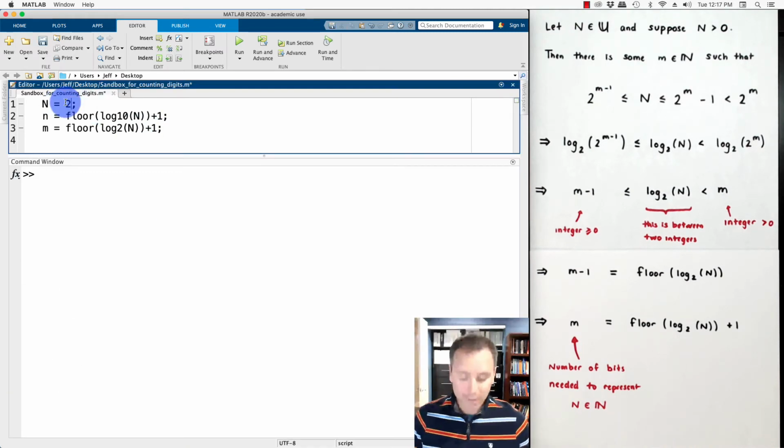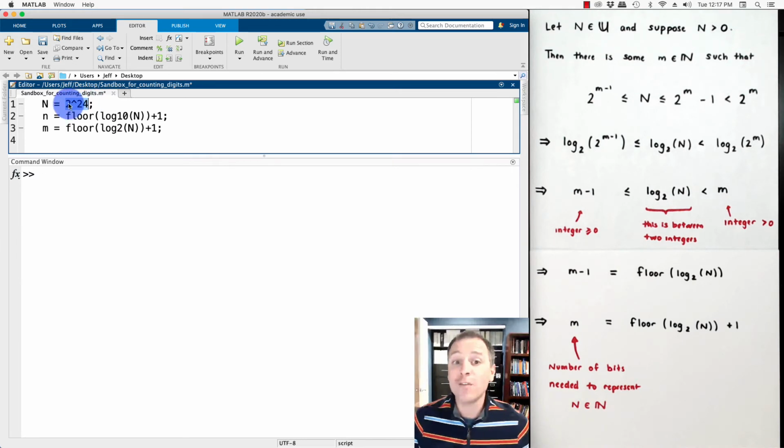In this case, we'll take a look at the number 2 to the 24. That is 2 multiplied by itself 24 times. Remember that in decimal, if I had 10 to the 24, that would be a 1 followed by 24 zeros, which would be a total of 25 digits. In binary, this is the exact same structure.